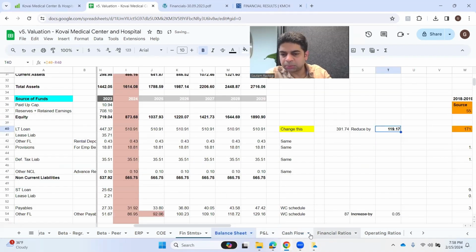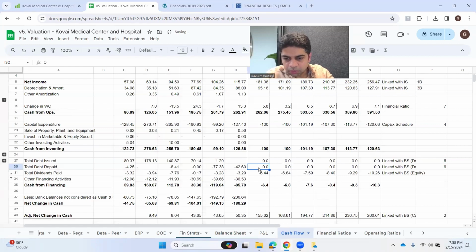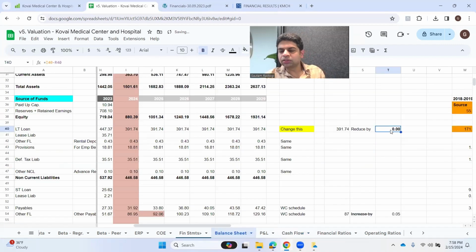All right, let's use this number. Minus 119.17. Now if you go to the balance sheet, the total debt on our books is exactly what they reported in their Q2 numbers.